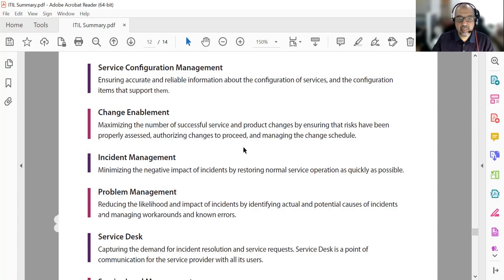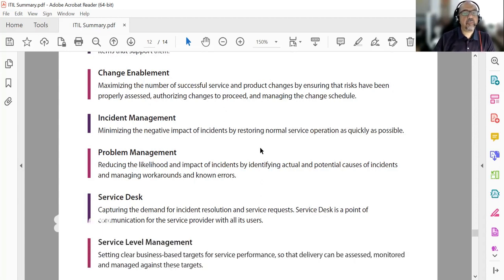Normal change needs to go to CA, change authority, and every type of change has its own CA, change authority, for approval or rejection. So this is the normal change. If the change needs approval through CA, so it is a normal change. The change management related to people aspect of the change. So change enablement for services and products, while change management for people.